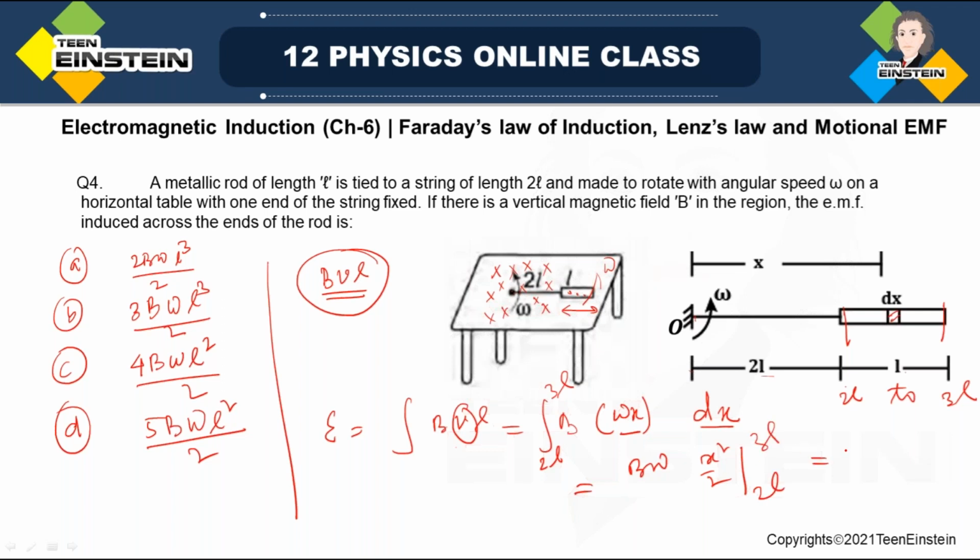Putting in the limits, B omega into half times 9L square minus 4L square gives 5 by 2 B omega L square. Look where the option is: option D will be the correct answer for this question.